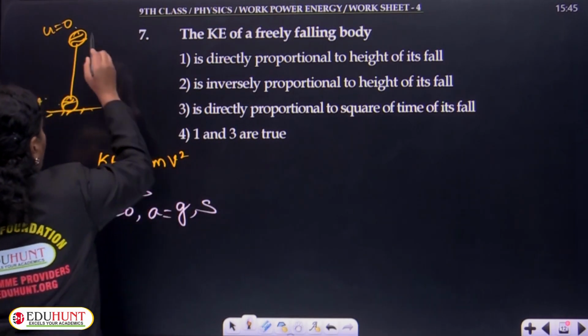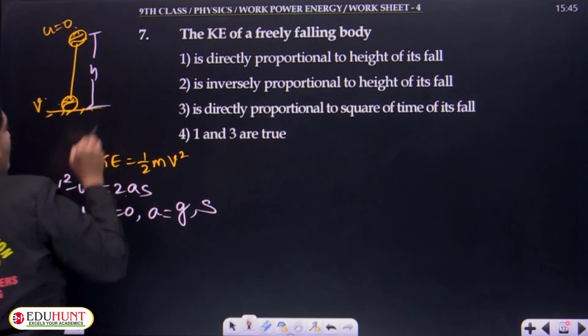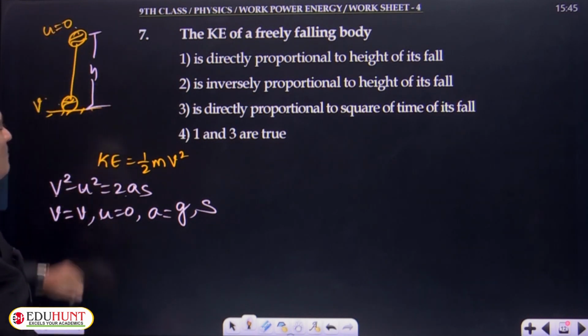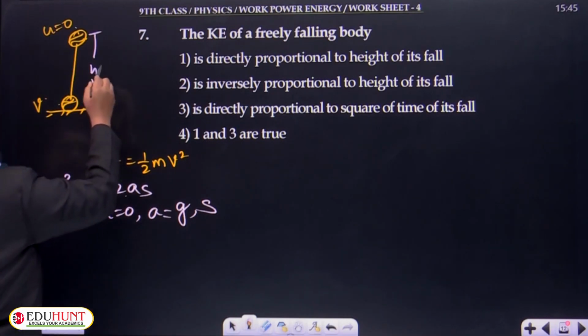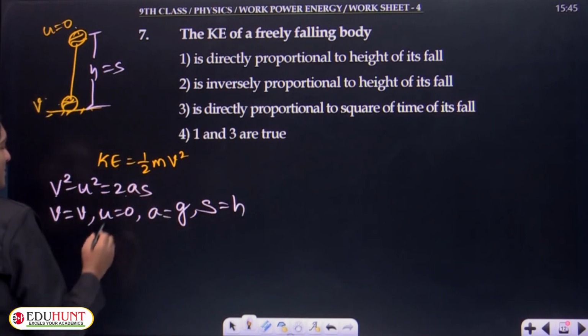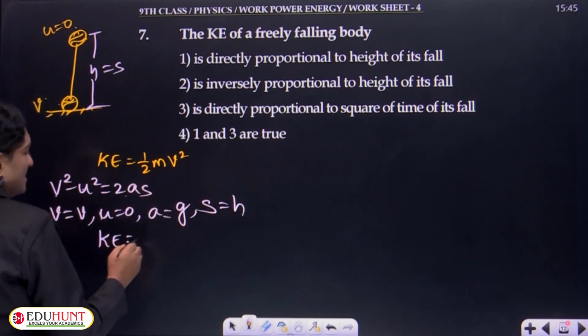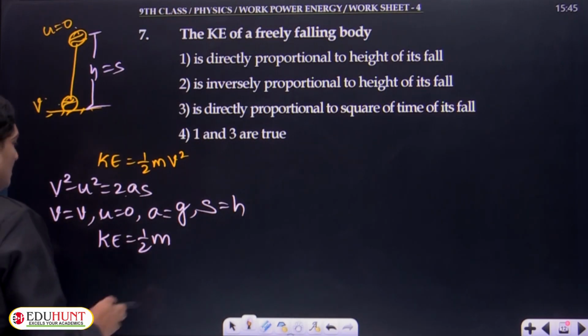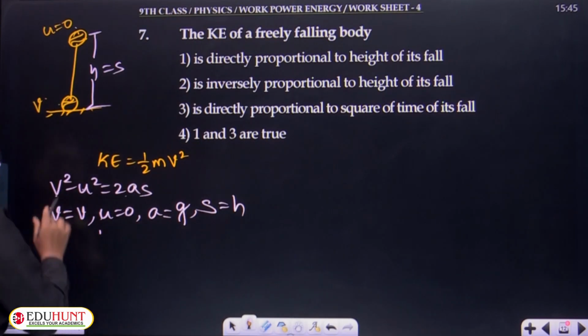And displacement, how much has it been displaced? Let us suppose that the body falls from a height h, then the displacement of the body is s equals h. Substituting, before that, what is v square, children?